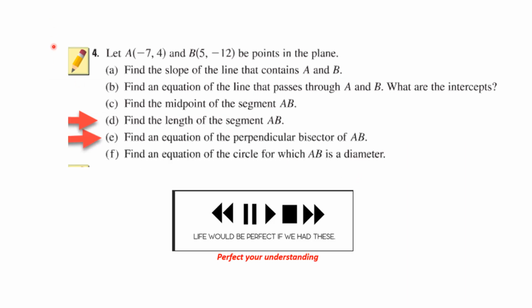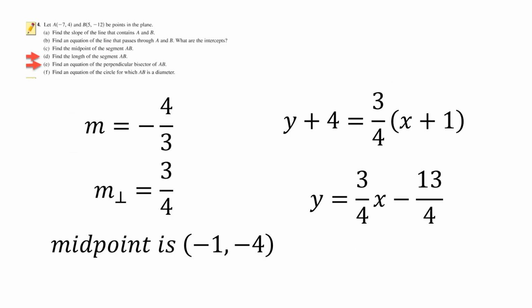And here is problem 4E. Given those points, you want to find an equation of the perpendicular bisector of that segment. You know what to do. Let's see how you did. Alright, so you look at these and you determine the slope of the line joining these 2 points, that's y minus y1 over x minus x1.